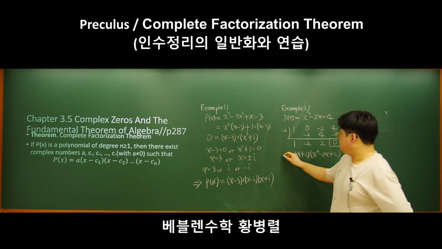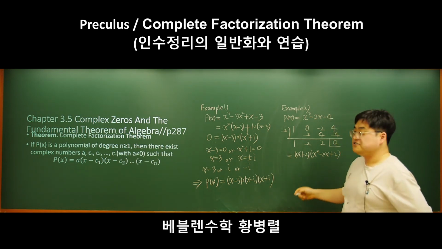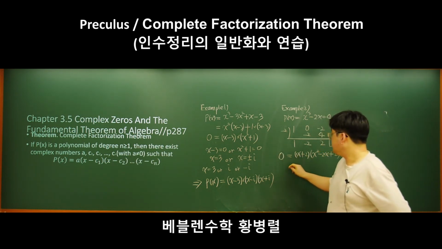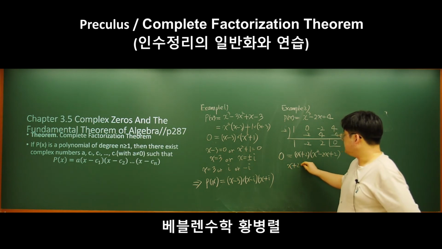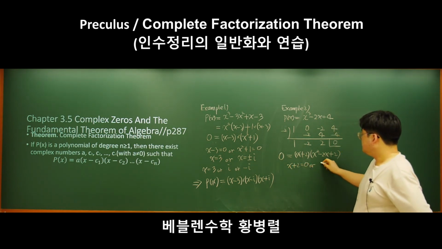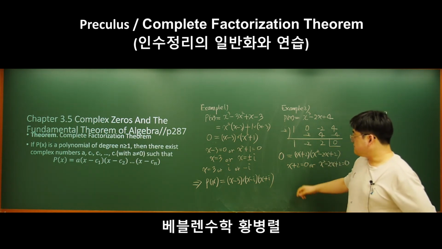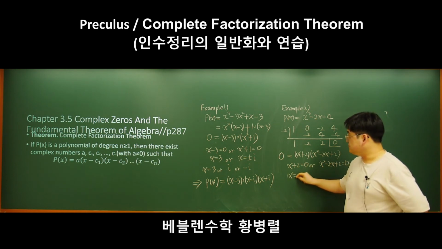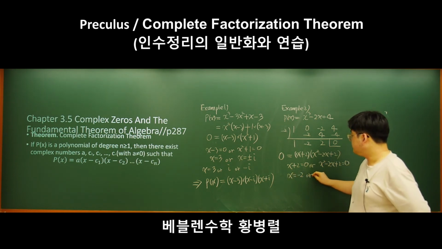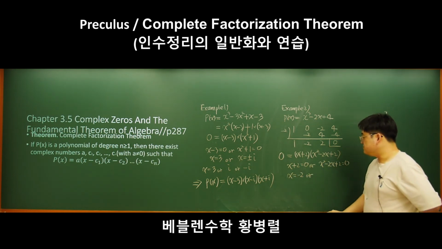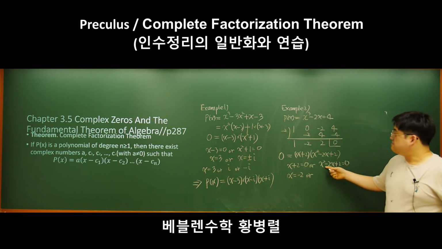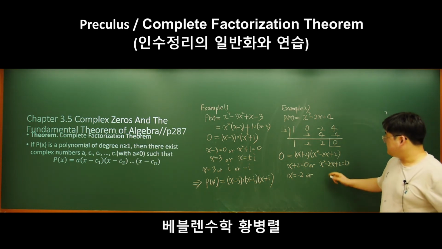Then if this polynomial is equivalent to 0, then x plus 2 is 0 or x squared minus 2x plus 2 is 0. The first zero of this polynomial is negative 2, or we can find all solutions by the quadratic formula.